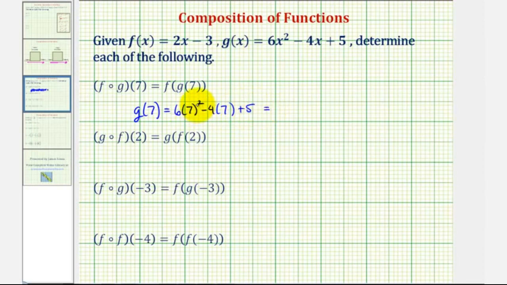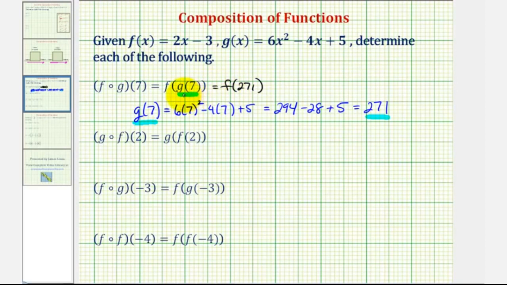Well, 7 squared is 49. 49 times 6 is equal to 294. So we have 294 minus 28 plus 5, which is equal to 271. And now, since g of 7 equals 271, f of g of 7 is equal to f of 271.